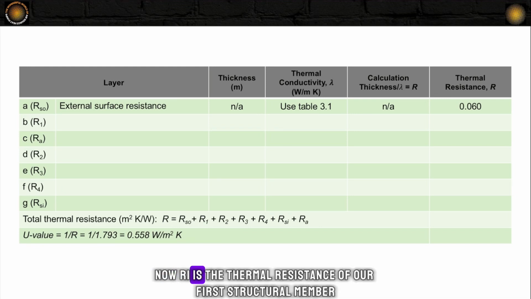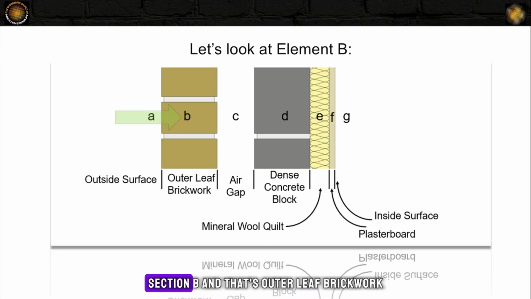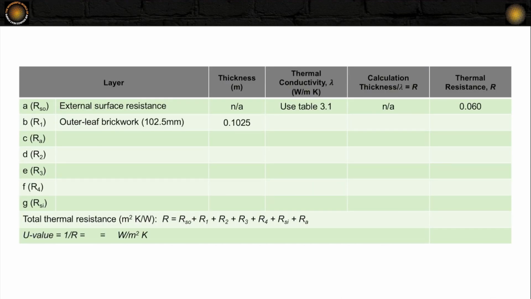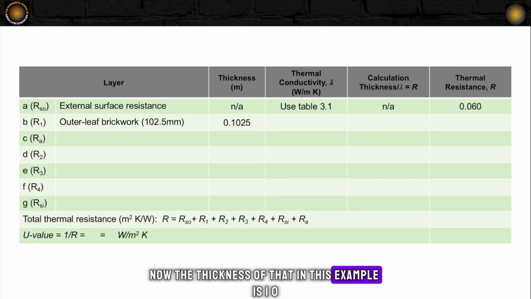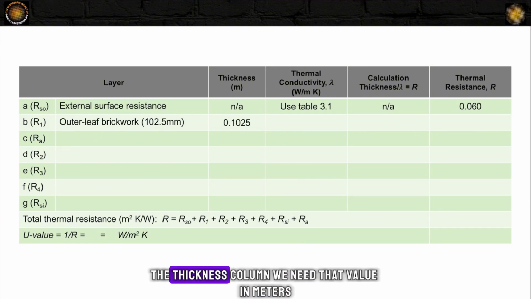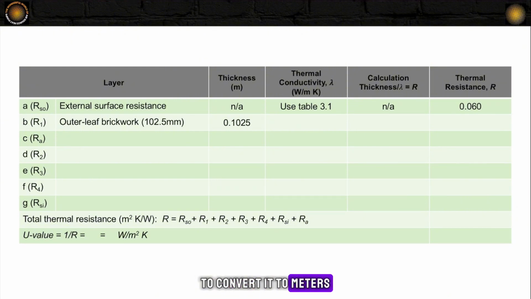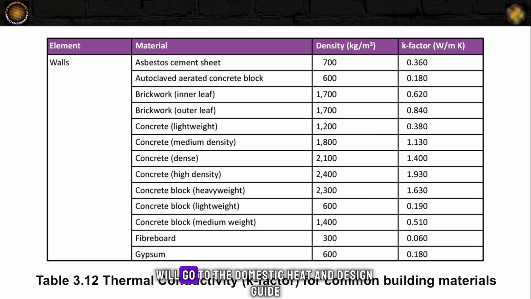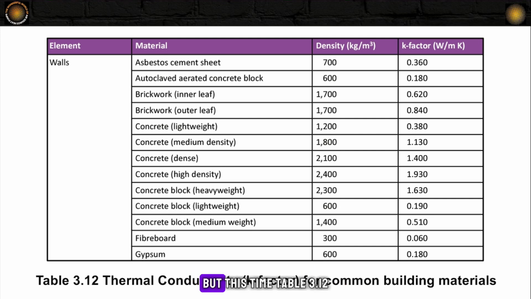Now, R1 is the thermal resistance of our first structural member, section B, and that's outer leaf brickwork. Now, the thickness of that in this example is 102.5, but as you can see in the second column, the thickness column, we need that value in meters. So we take the millimeters and divide it by 1,000 to convert it to meters. Then the thermal conductivity, again, we'll go to the Domestic Heating Design Guide, but this time table 3.12.